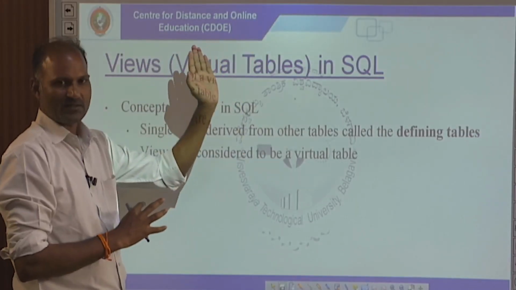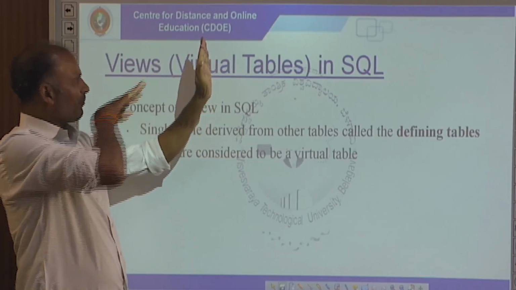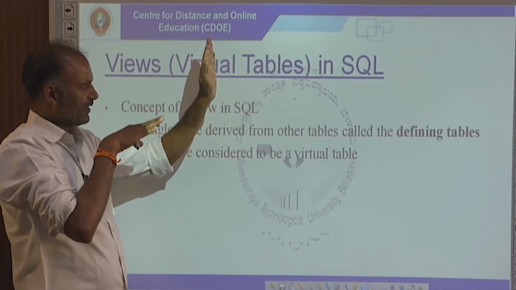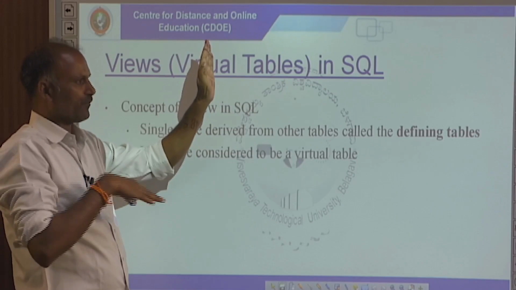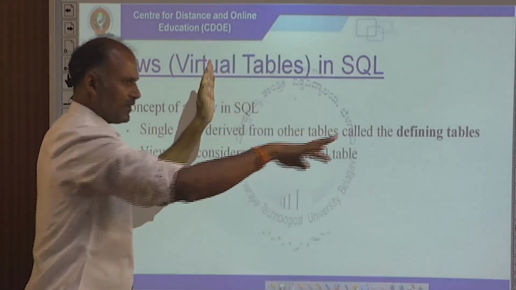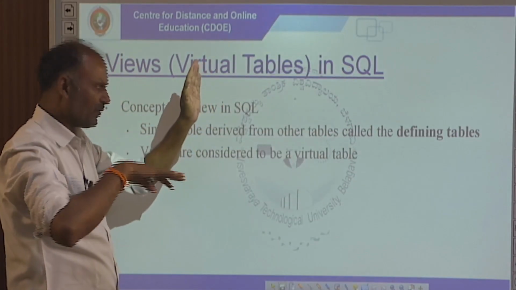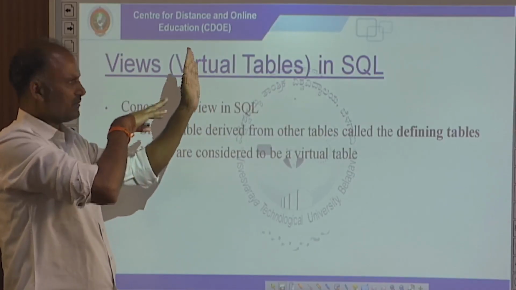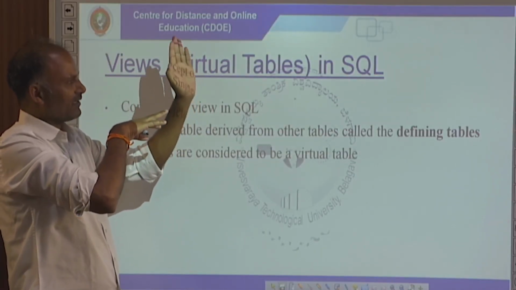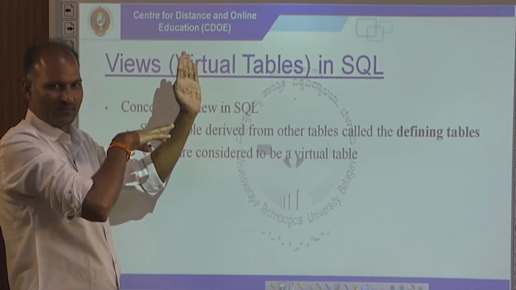and forms one single table. Then the way you perform operations on a table, you can perform the same type of operations on the views, which are nothing but the resultant table or the virtual table.